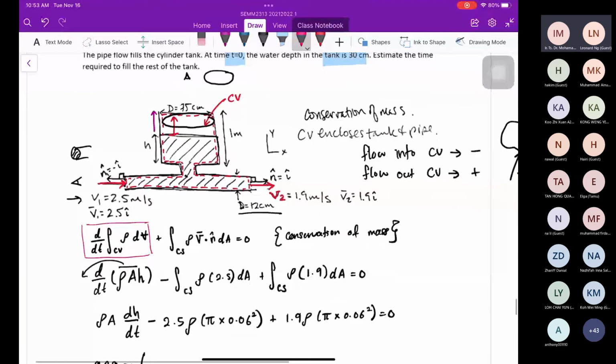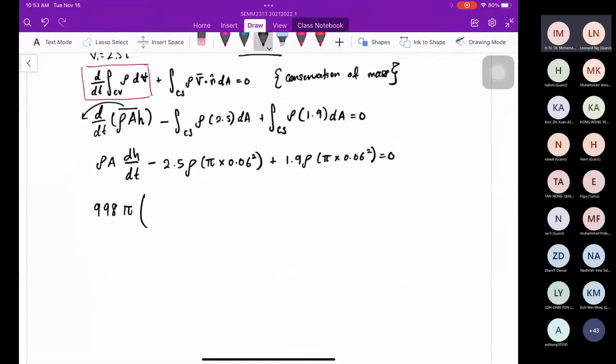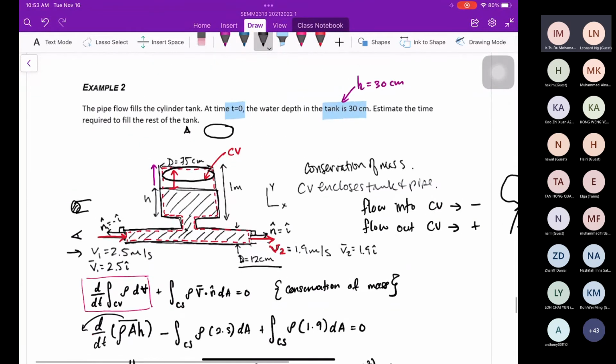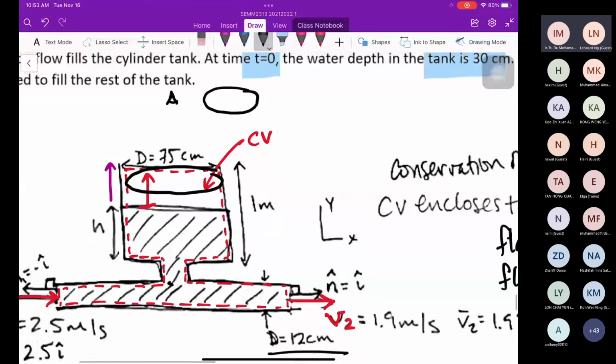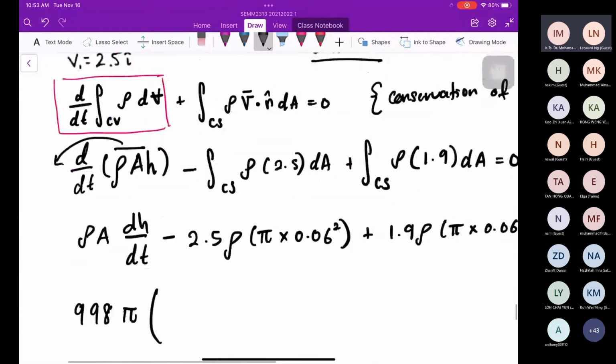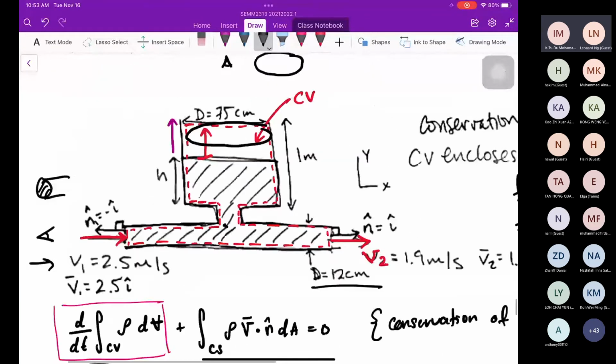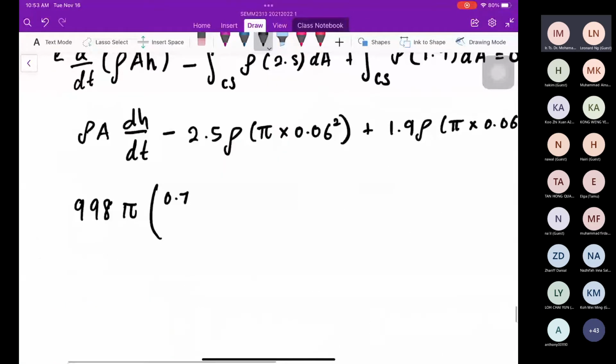So the area is pi r squared, with the radius from 75 centimeter converted, so 0.75 divided by 2, squared.